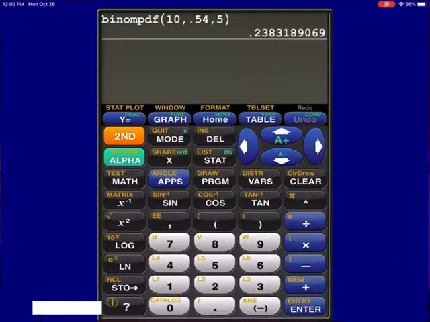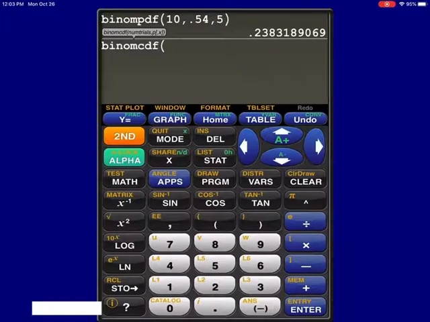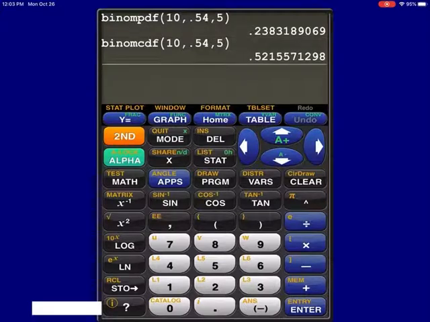So I'm going to do this again on my calculator. I'm going to go second vars. Now I'm going to choose part B, binomial CDF, still 10, comma, still 0.54, comma, the number 5, hit equals. I'm coming up with that.